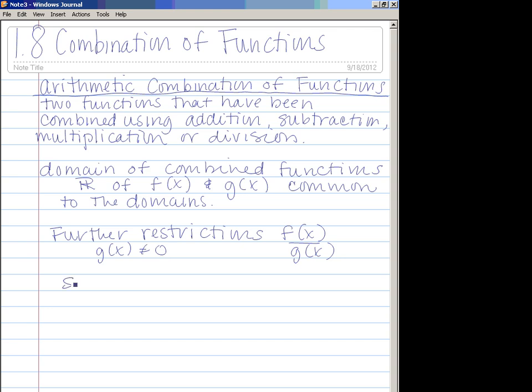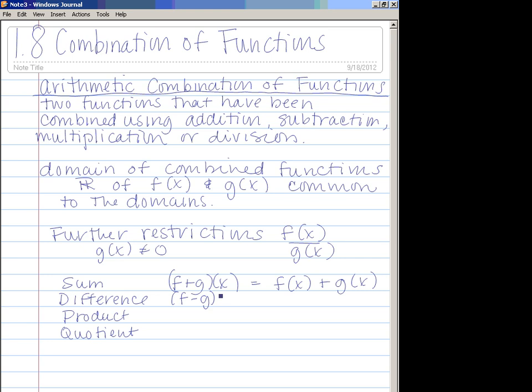So we're going to be looking at our sum, difference, product, and quotient. So these are all named for the output. When you add two numbers, like f plus g of x, you get a sum. And this is going to be rewritten as f of x plus g of x. Then difference.